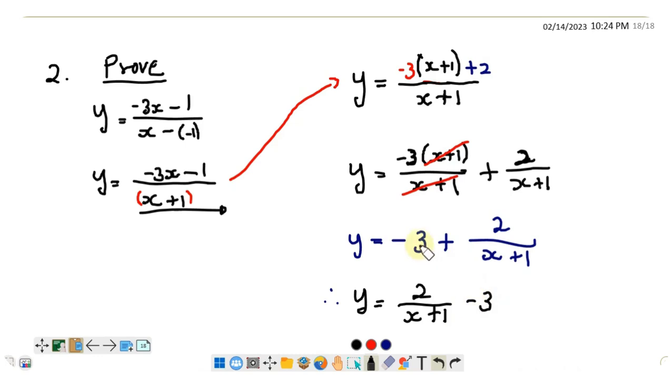This -3 comes from here by simplification. So this is the final answer. We proved the formula. Remember, the question was for us to show that this can be simplified to that in the standard form. So from here we can see q is -3.